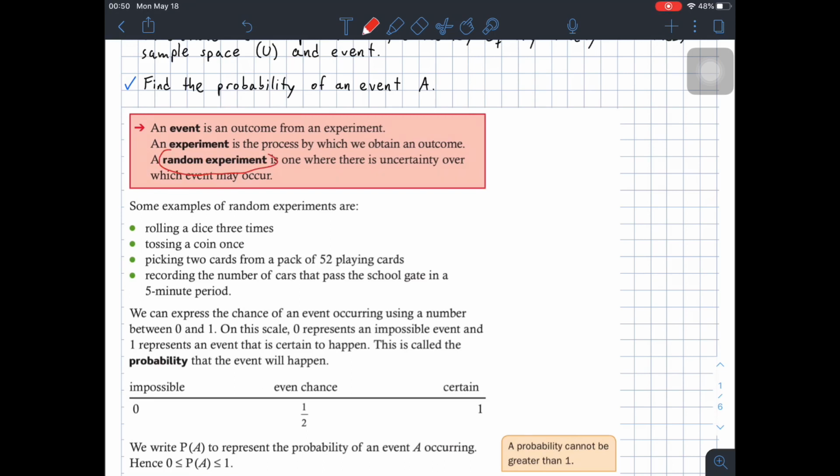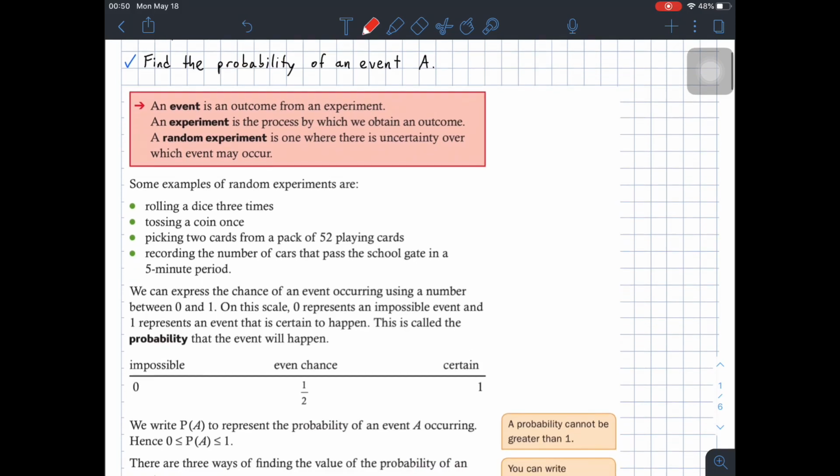We're always going to try to work with random experiments because that will ensure that we're gonna find the true probabilities of things, right? Whenever we work with a random experiment instead of a biased experiment, we could say.